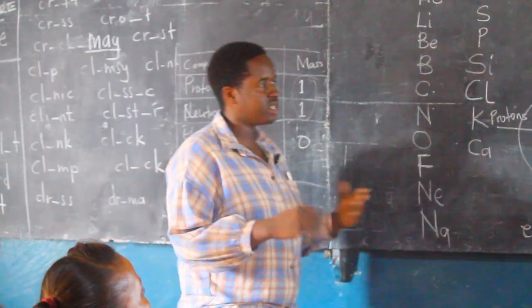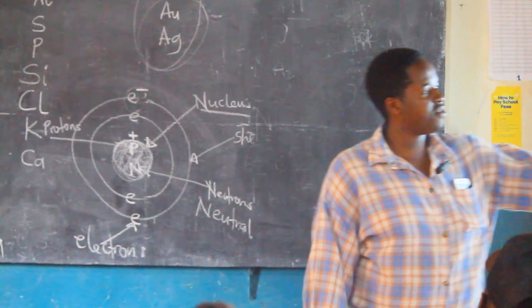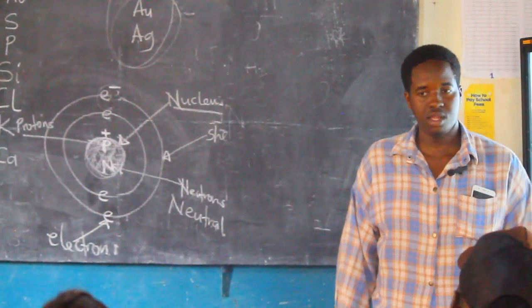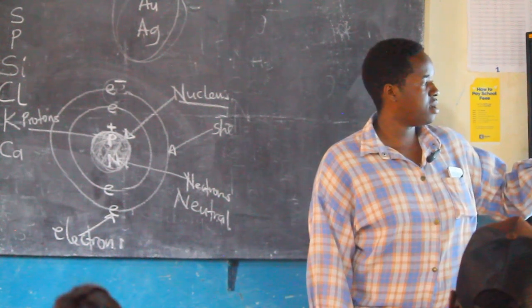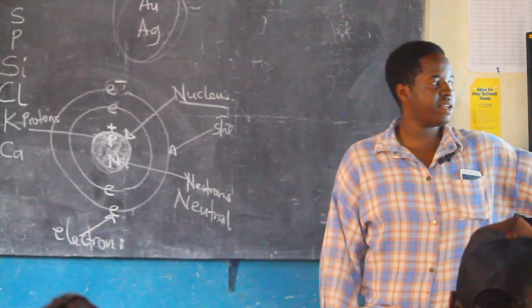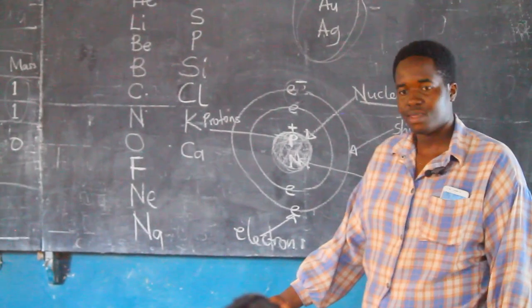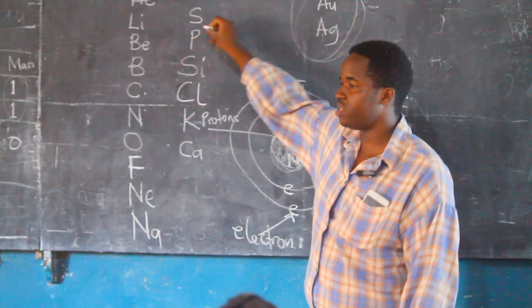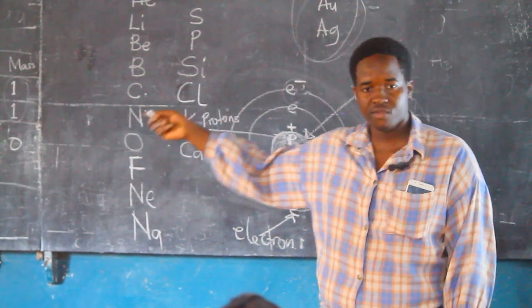So we take protons and neutrons to be our atomic mass, and they are found in the nucleus. To get the mass number, you just add the number of protons plus neutrons. Now each element here has a different number of protons. We find some different number of neutrons.